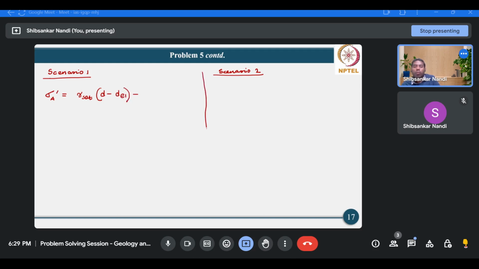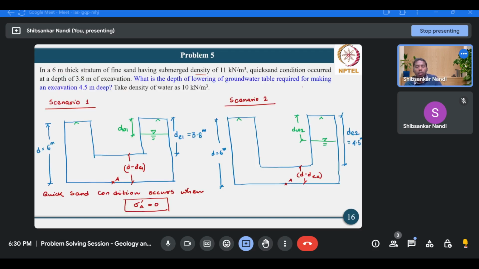So we'll calculate the effective stresses at point A simultaneously for scenario 1 and scenario 2. So sigma A prime is gamma sat into d minus d2, minus pore water pressure. Now pore water pressure will be gamma w into z. What is the z value?